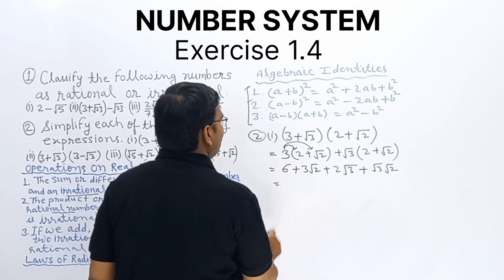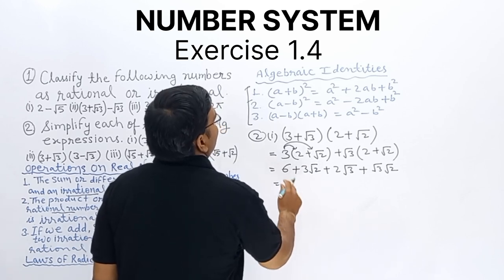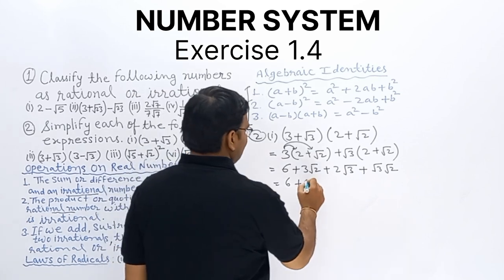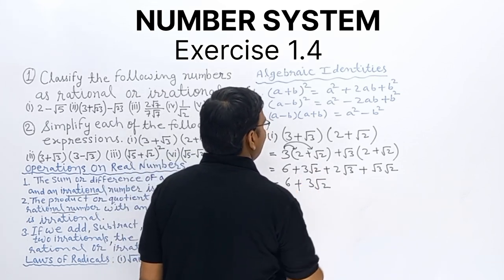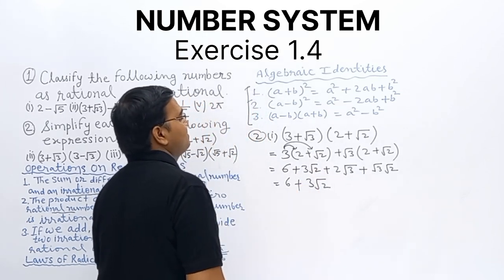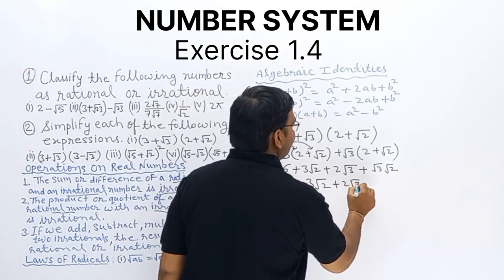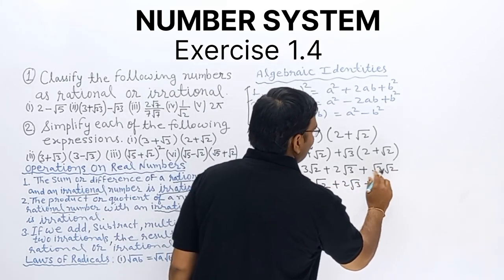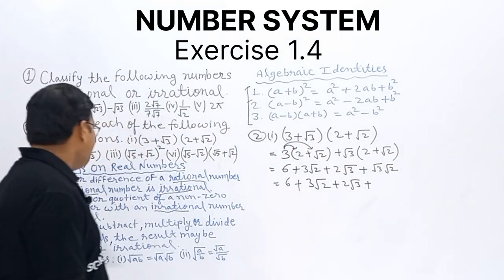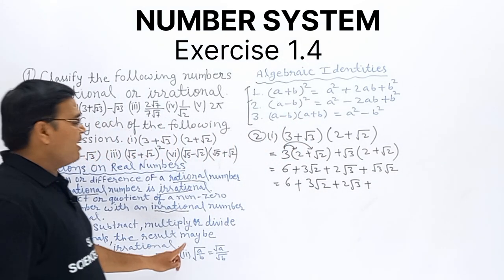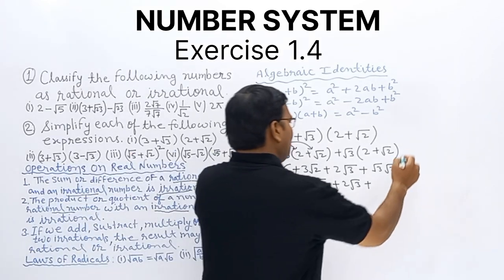So next, how we can write: 6 plus 3 root 2 plus 2 root 3 plus root 3 into root 2. If we have root a into root b, this can be written as root of ab. What formula?